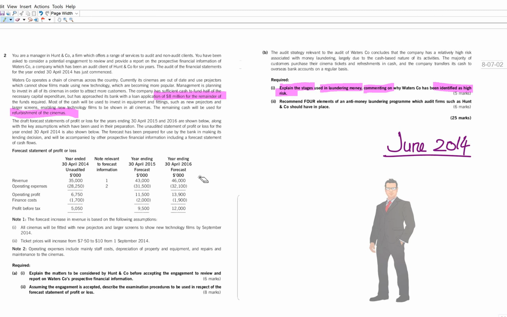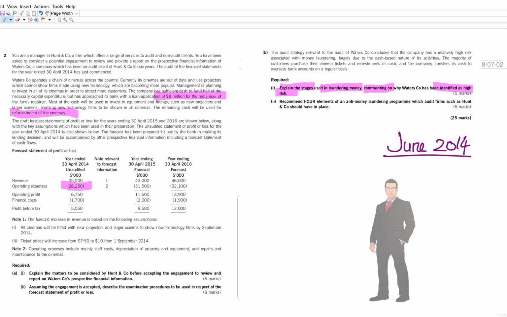Year ended 30th April 2014, unaudited: revenue was 35,000, operating expenses were 28,250, operating profit 6,750. Finance cost 1,700, PBT is 5,050.